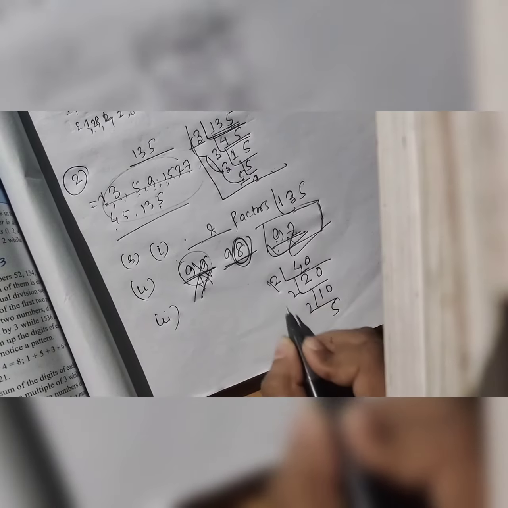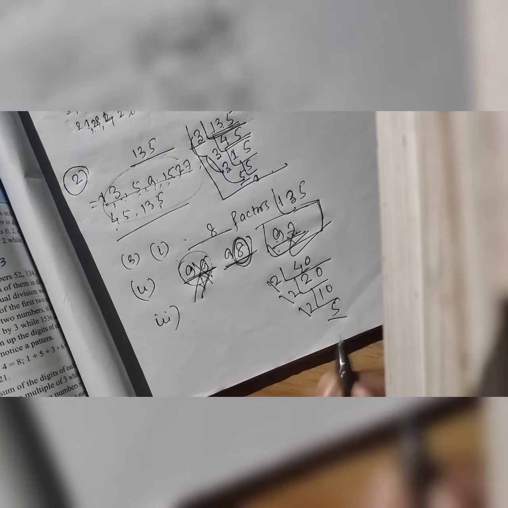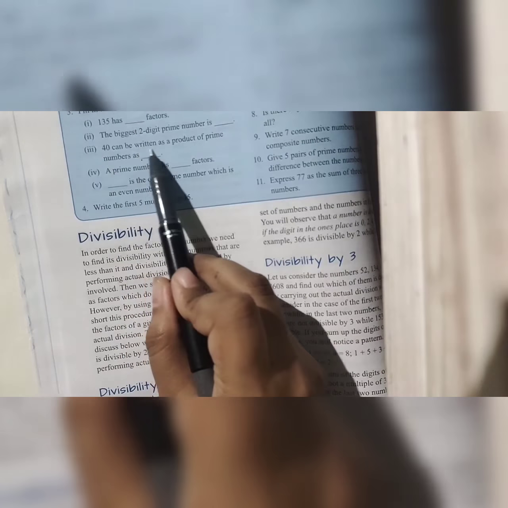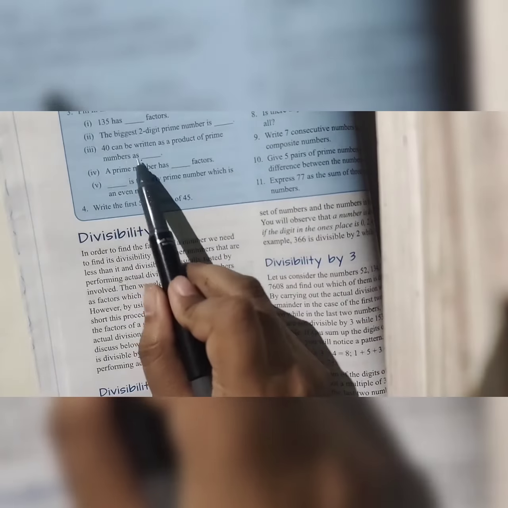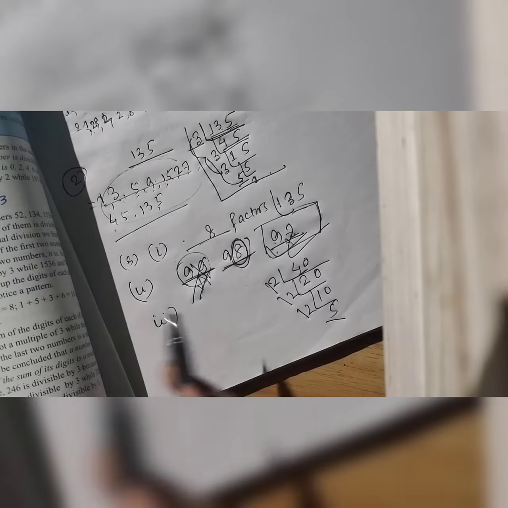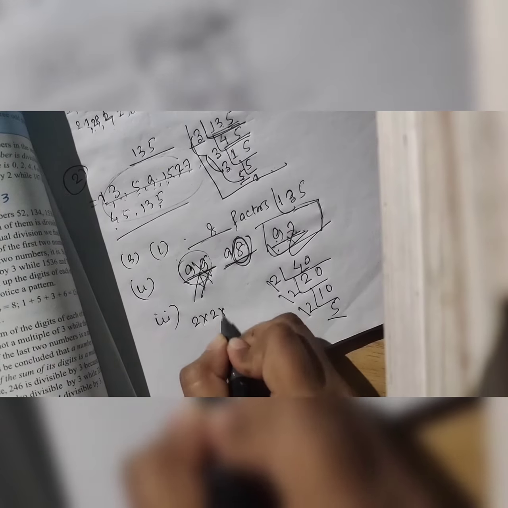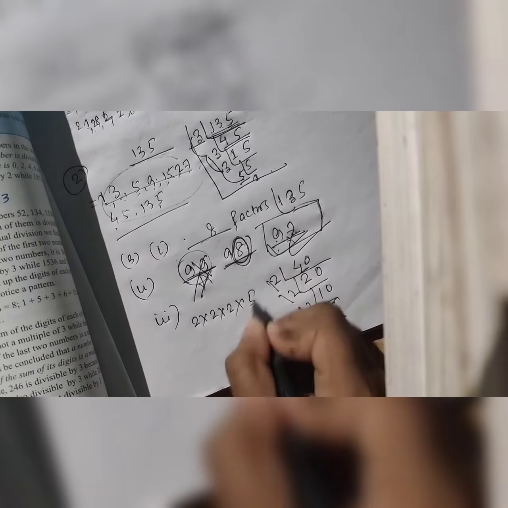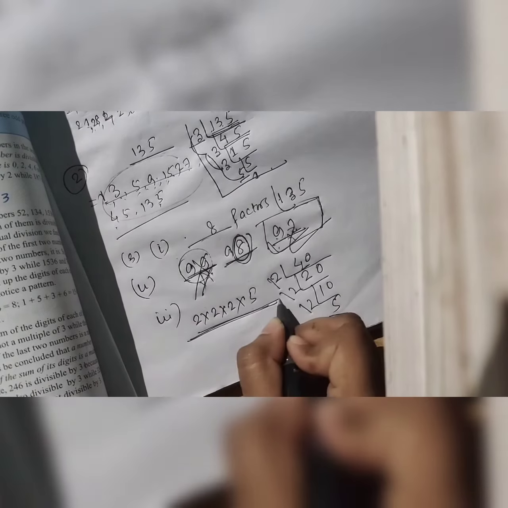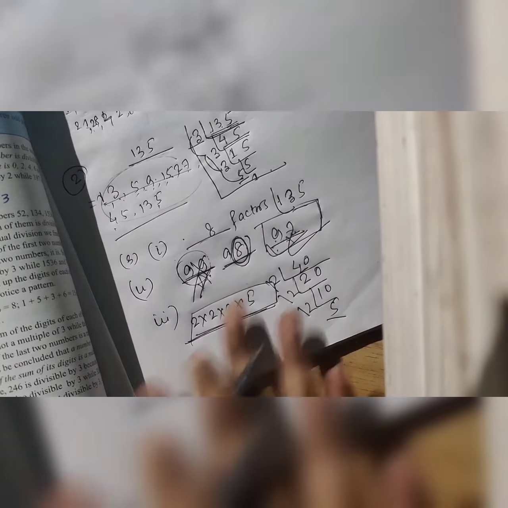So 2 is a prime number, 2 is also a prime number, 5 is a prime number. So we can say that it can be written as 2 × 2 × 2 × 5. These four numbers are actually prime numbers, isn't it?